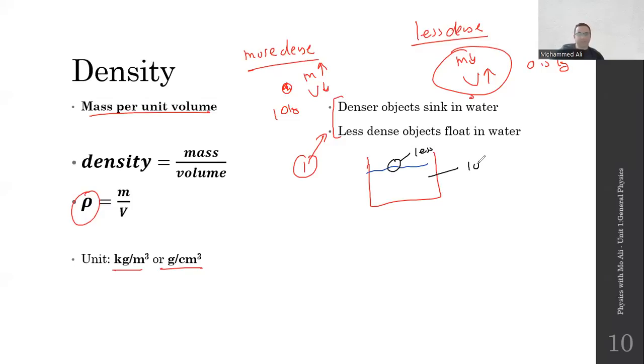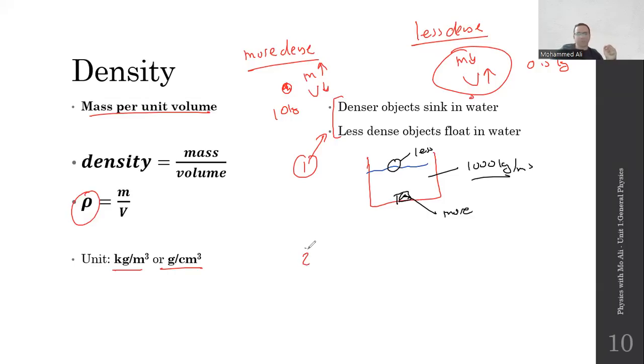And if the density of the liquid is 1,000 kilogram per meter cubed, that's the density of water, for example, then this object that's floating has to be less than 1,000. It could be 900, could be 800, could be anything. And I'm not talking about weight, and I'm not talking about mass, I'm talking about its density. And if you have an object that has sunk into this water, this is more dense than the liquid. So it's more than 1,000. Could be 1,010, could be 2,000, could be 3,000. I don't know, but it's more than 1,000. It's more than the density of the liquid.